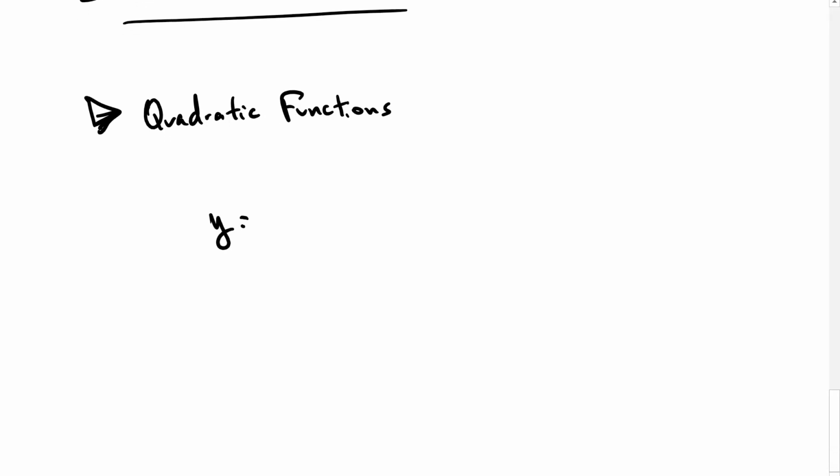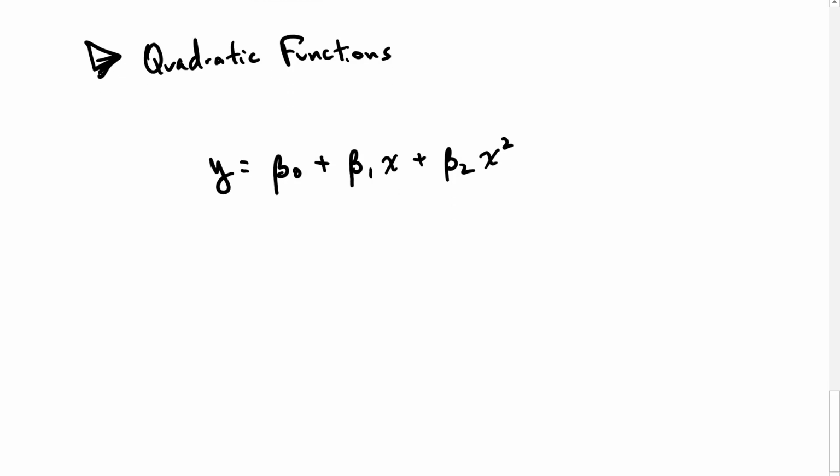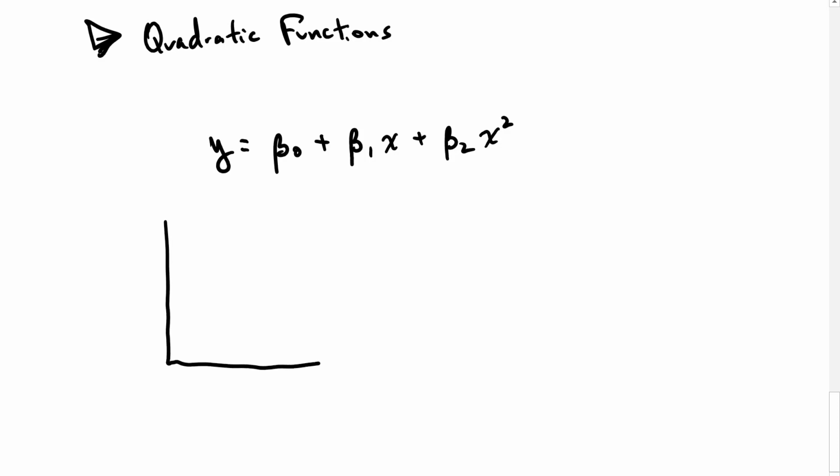And so just to give an example of a function, beta 0 plus beta 1 x plus beta 2 x squared. It's the same x, but it's now x squared. So now it's got that quadratic term. And quadratic functions could take on a couple different appearances.